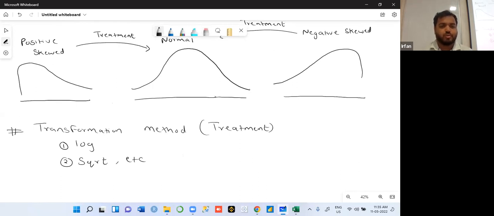Square transformation, square root, log root, etc. So either you apply log transformation and check, or apply square root transformation and check, whichever gives you the exact normal shape, then the data is normal.